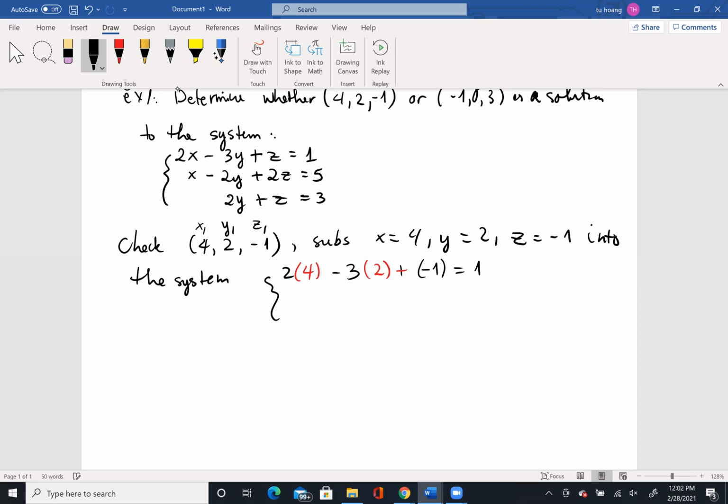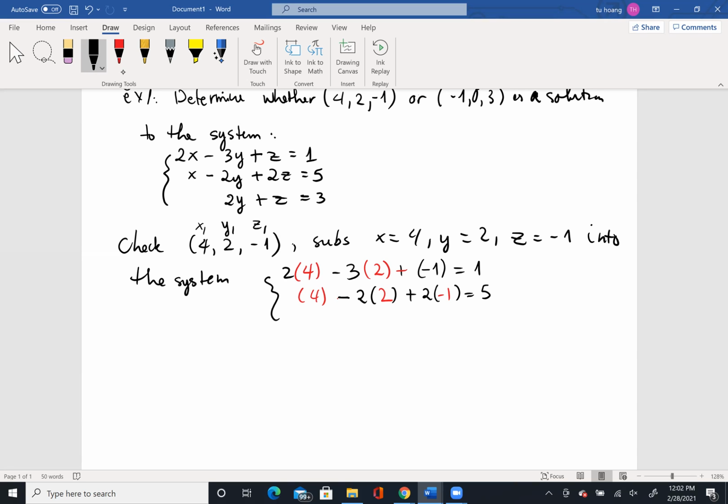Is that true? I will check it later. Second one, I have 4 minus 2 times y, which is 2, plus 2 times z, z is -1, and this equals 5.